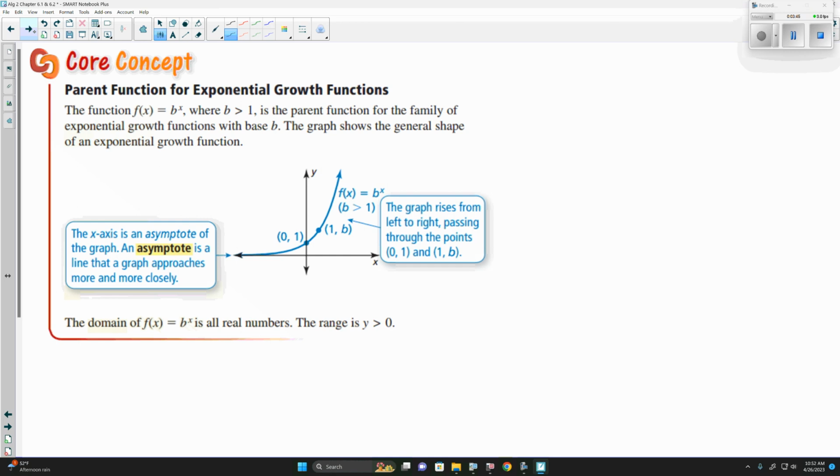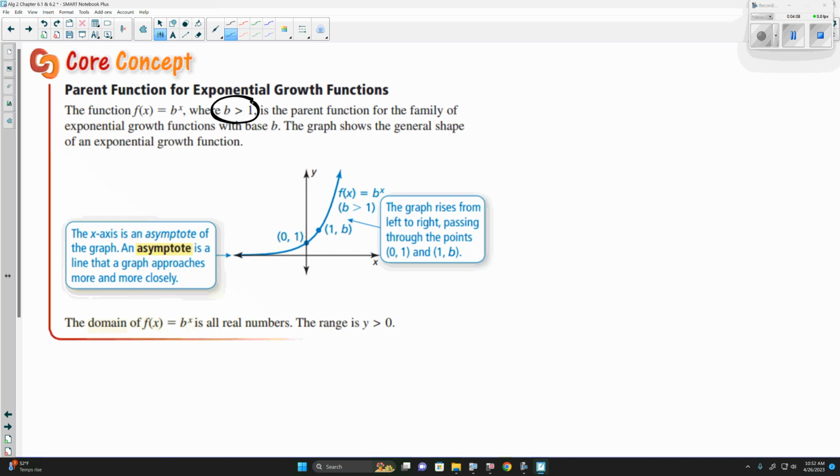Now, we have 2 types of exponential functions. We have exponential growth and exponential decay. Now, exponential growth is a function, b to the x, where b is greater than 1. And we get this general shape here. Now, the domain, the values we can plug into it, are anything.